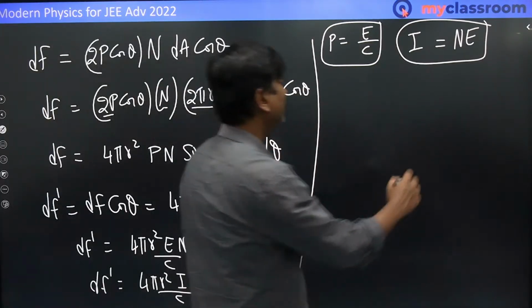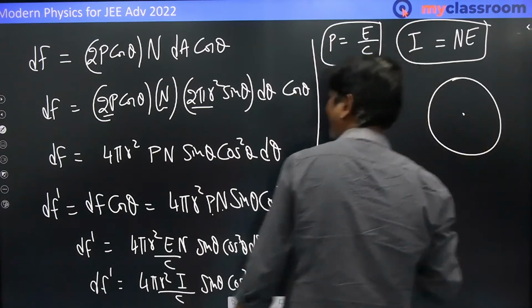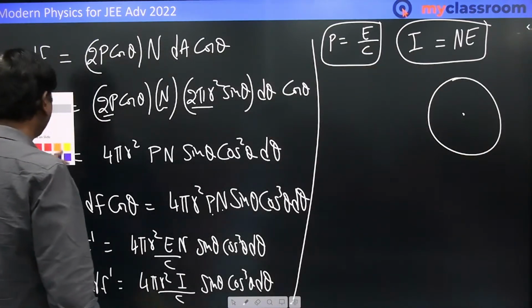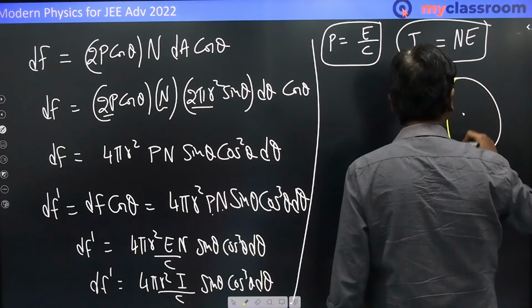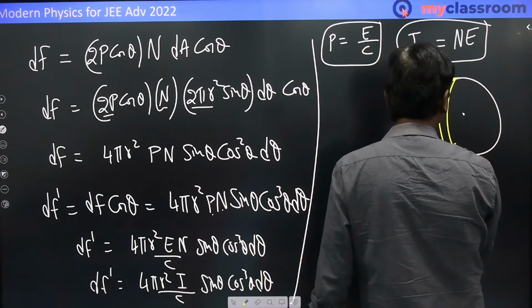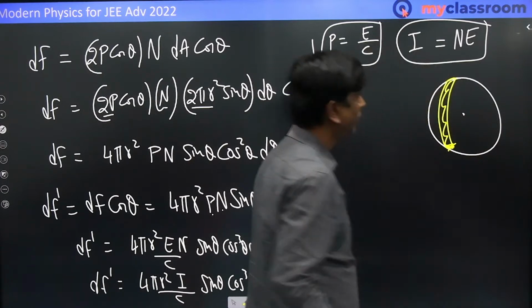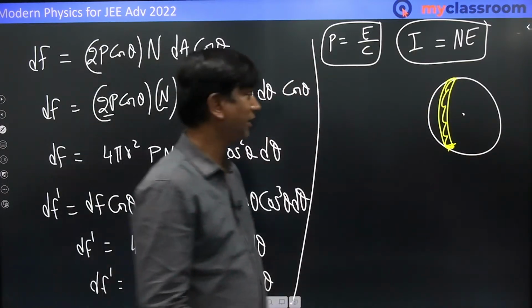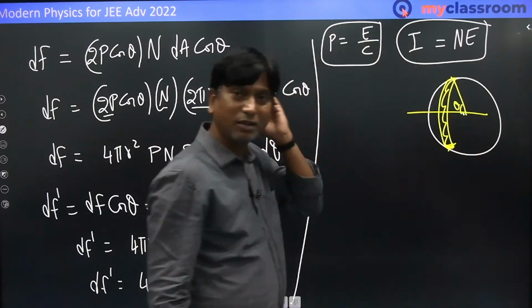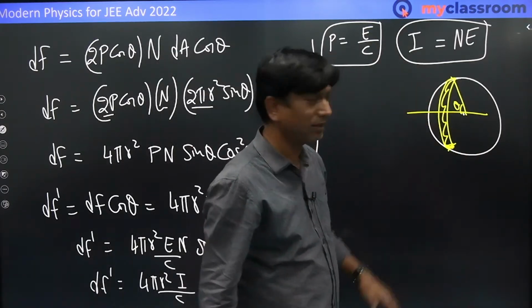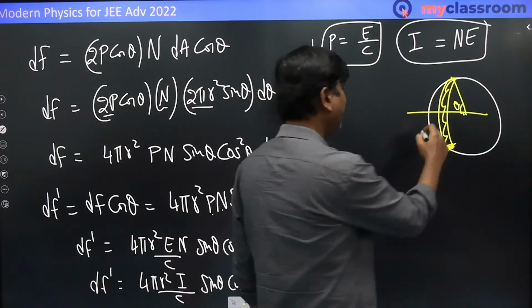But they are asking force exerted on the total sphere, and we have so far only calculated the force exerted on this ring like strip, which is making an angle theta and subtending an angle d theta. Such type of strips I can take here also.